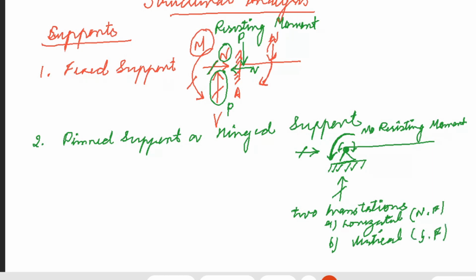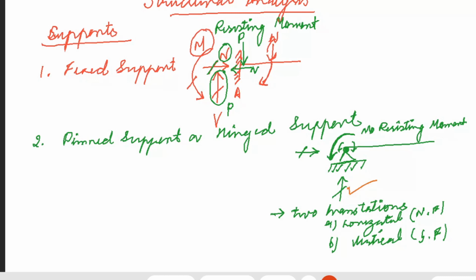Therefore, you can simply say at any hinge, you will have two translations, two unknowns. Simple. You have to calculate the value of V here, and you have to calculate the value of N here.